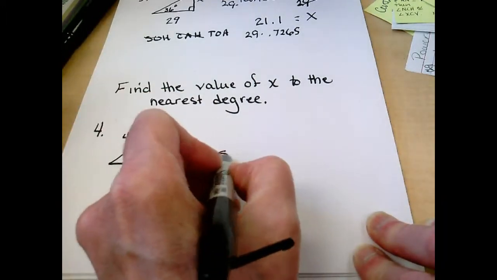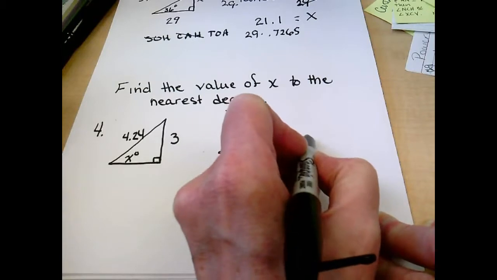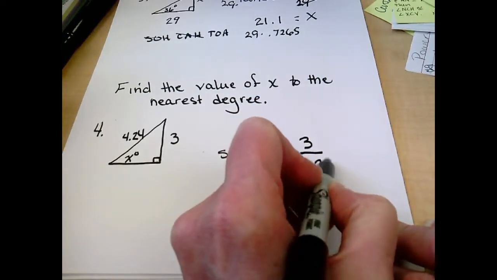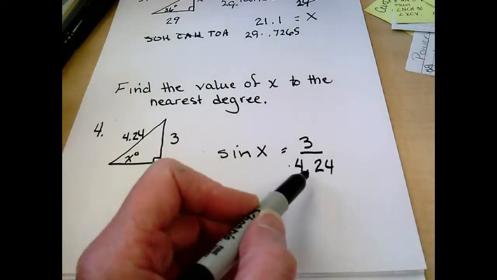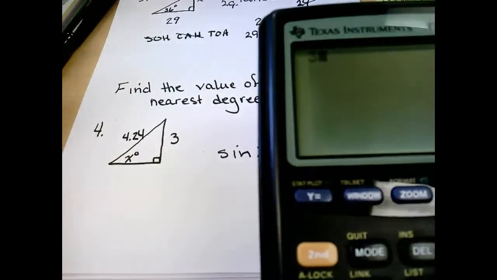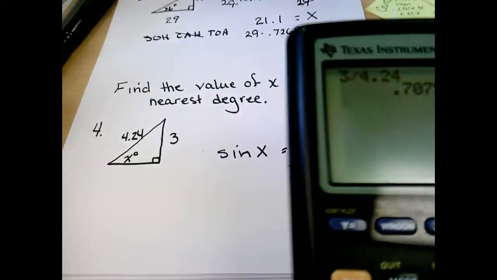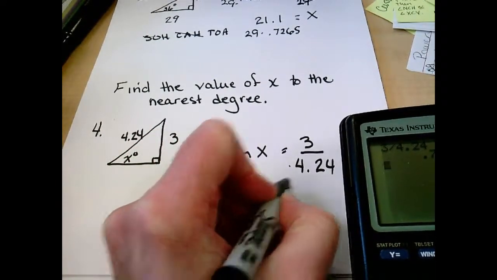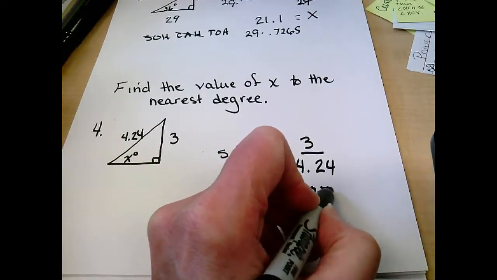So I'd go sine of x equals, opposite side is 3, 4.24 is my hypotenuse. So 3 divided by 4.24 gives me the number 0.7075.